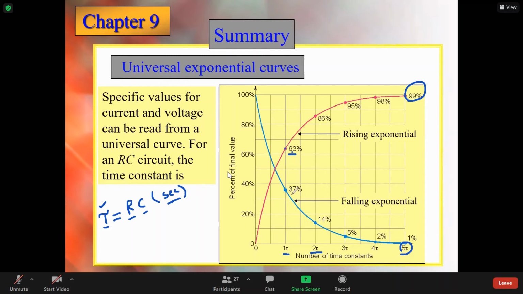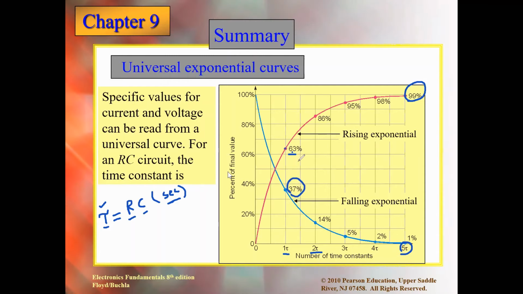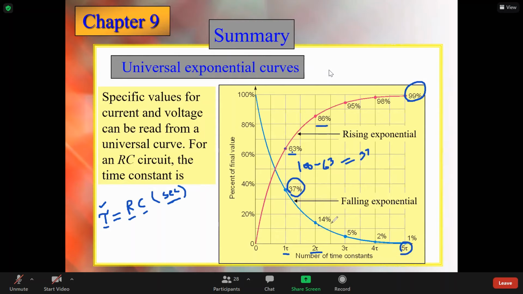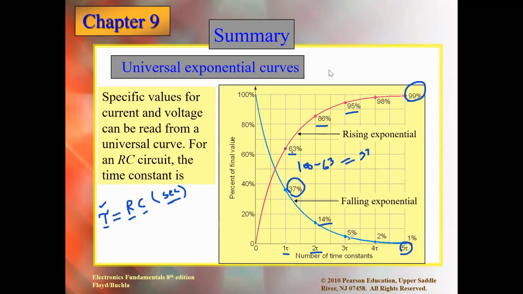How can you know this value? You already know the charging. If you simply subtract 100 minus charging, which is 63% at one time constant, you will get 37%. Similarly, 100 minus 86 gives you 14, and 95 subtracted from 100 gives you 5. So this is the way.